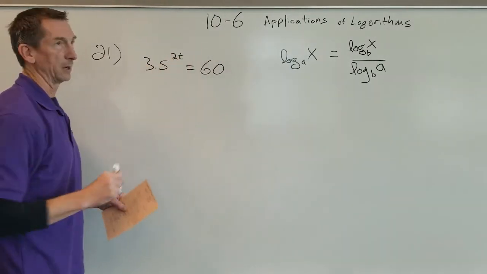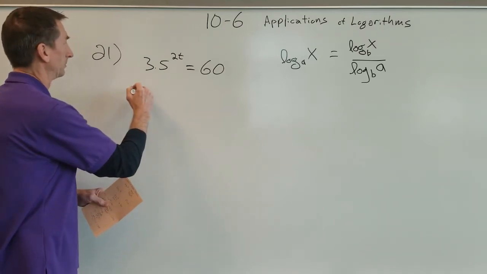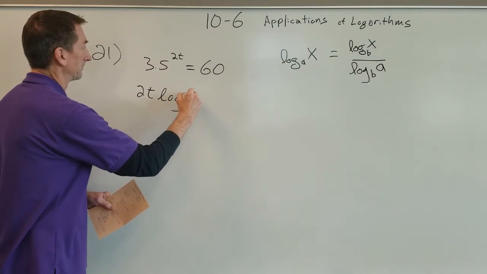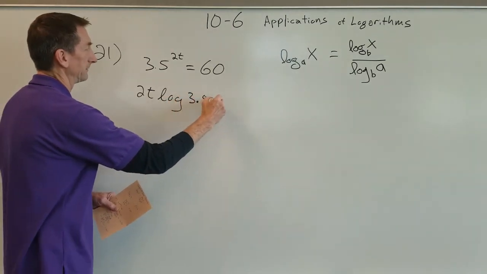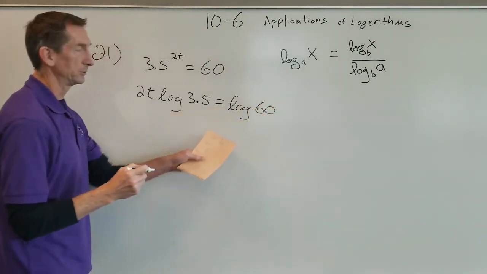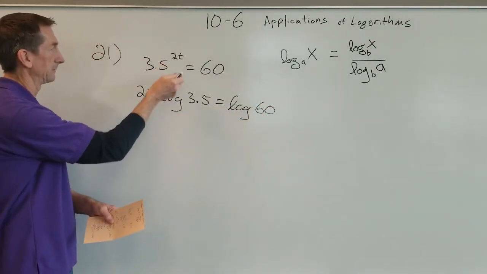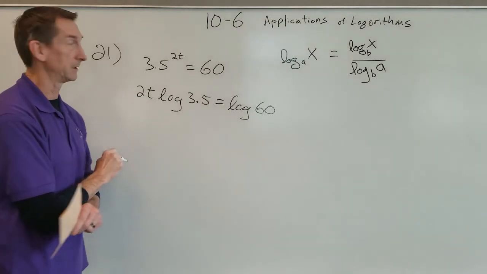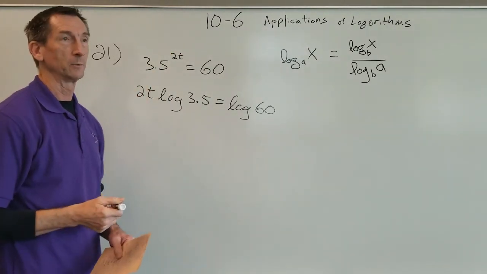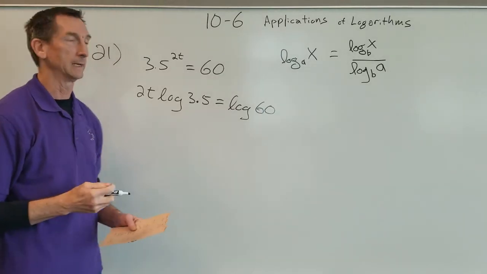We're going to take the log of both sides. So that's going to give me 2t log 3.5 is equal to log 60. I hope you don't mind, I went ahead and applied law number 3 of the laws of logarithms and brought that exponent out front. You should be getting familiar with that and being able to do it by now.